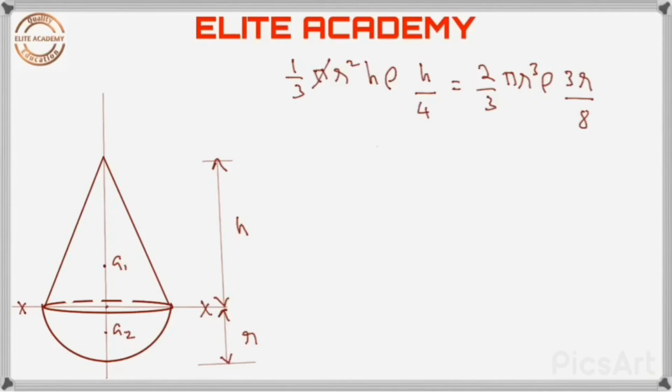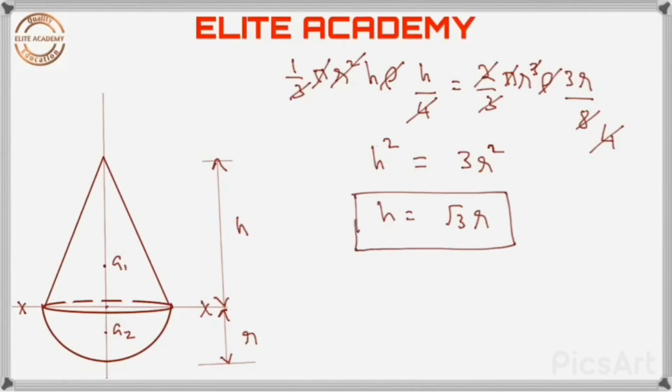So let us cancel pi, and then 3 also cancels, r square cube cancels, 2 4s the 8, and 4 also cancels, rho also cancels, and finally we get h square is equal to 3r square, or h is equal to root 3 r. This is the maximum height of the conical part, so that the solid remains in stable equilibrium.